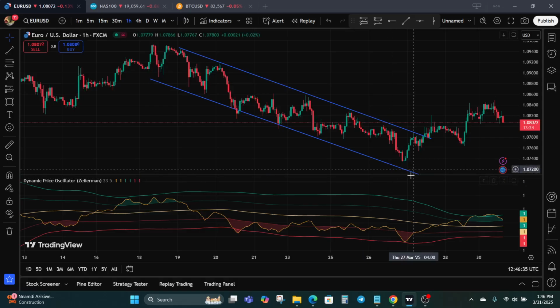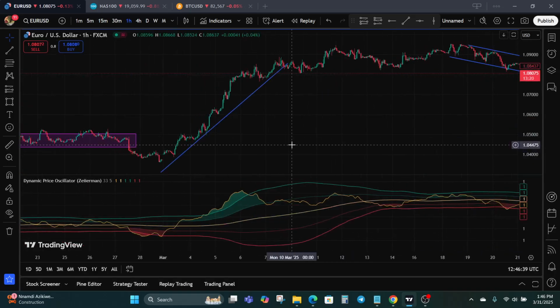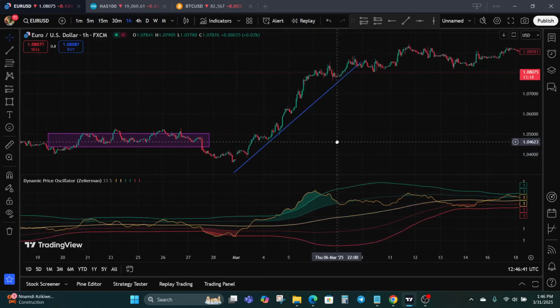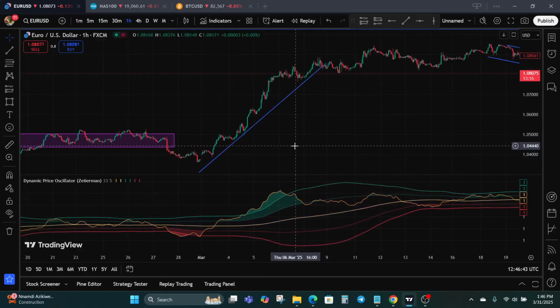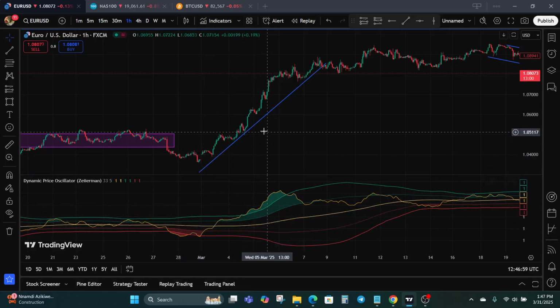When the DPO shows strong momentum, volatility might remain stable at the time. Let's imagine that the DPO is showing strong momentum, with initially stable volatility and a bullish trend, right?